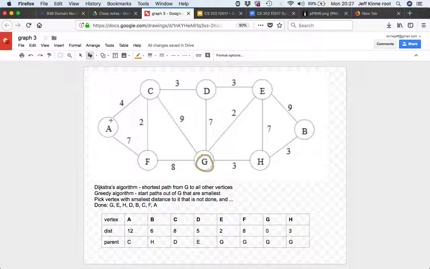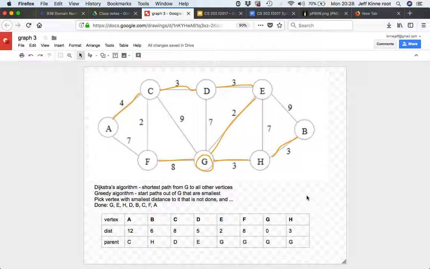So A came from C, B came from H, C came from D, D came from E, E came from G, F came from G, G was the start, and H came from D. Those are the shortest paths.